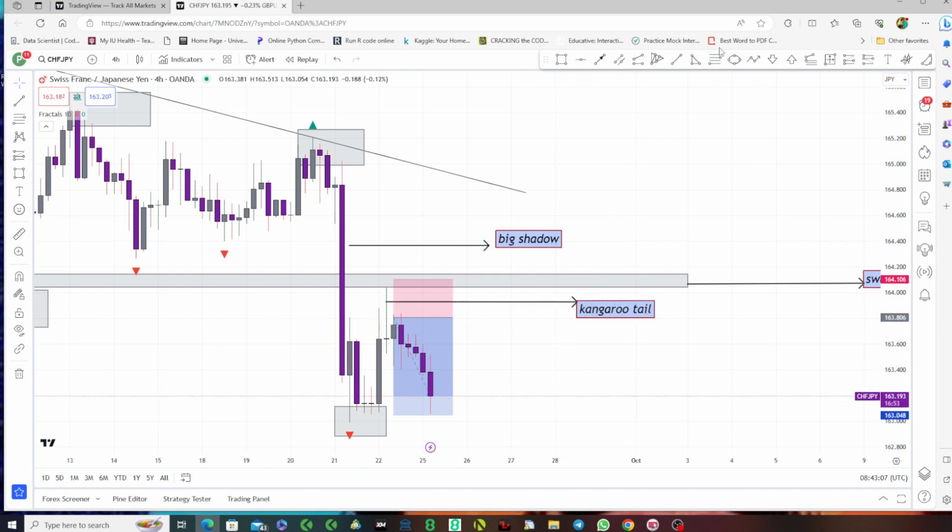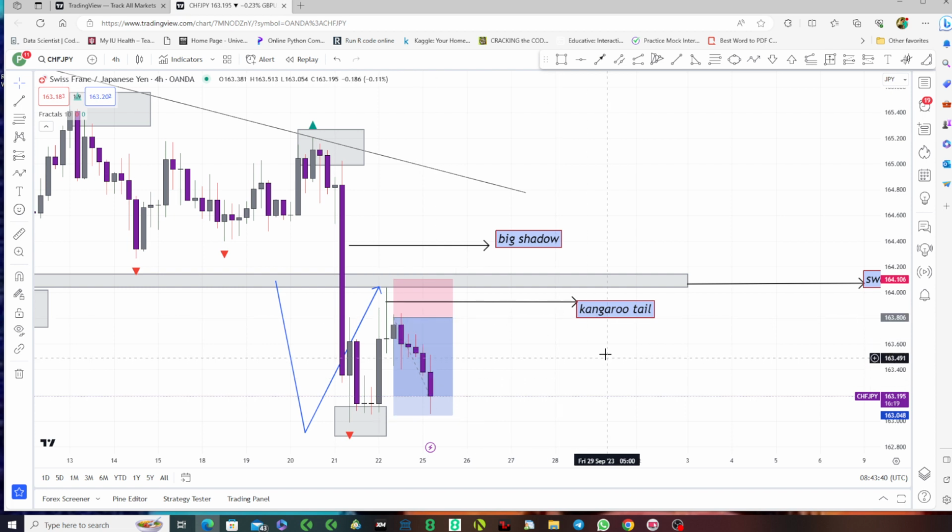You can see as the market came down, broke the swap zone all the way to this side, then it rejected to test the swap zone again, and that is when my kangaroo tail candle formed. This kangaroo tail candle signifies that sellers are really pushing the price down. Buyers are trying to move it above the swap zone, but the sellers are in strong control.